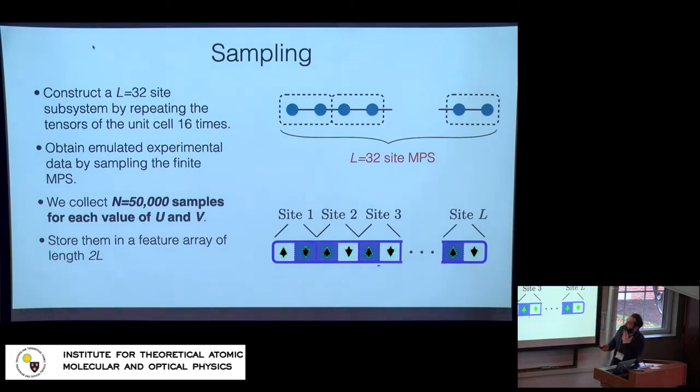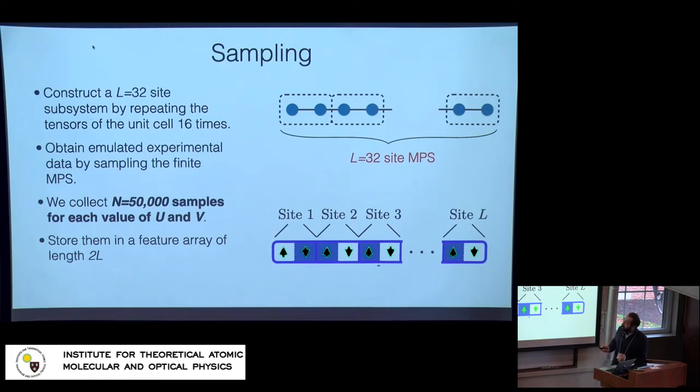We generated samples for different cuts, as you saw, for fixed values of U and multiple values of V. For every one of those values of U and V, we have 50,000 of these samples. The way you organize them is shown here. These are obviously bit strings, and you have 2 bits for every site.